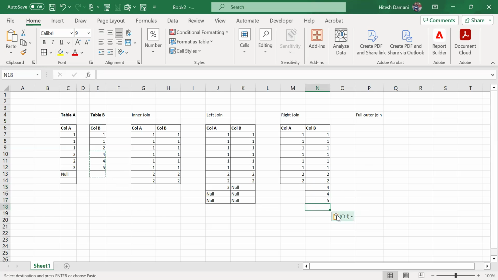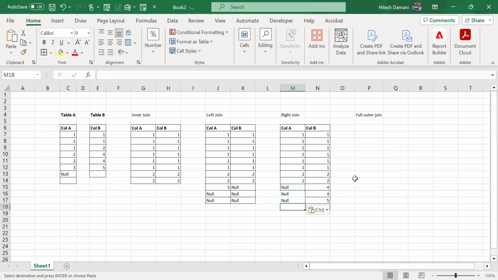Since I've mentioned blank will be considered as null, I'm writing null for this. Similarly for 4, 5, and 5, since we don't have any record in table A, we will be getting null for these.